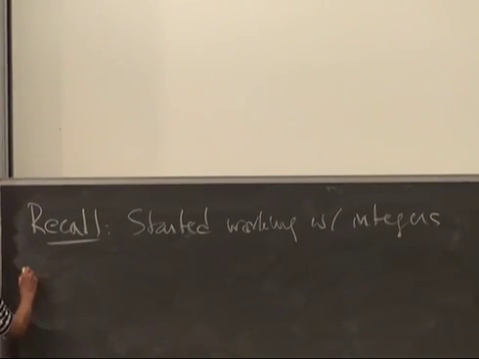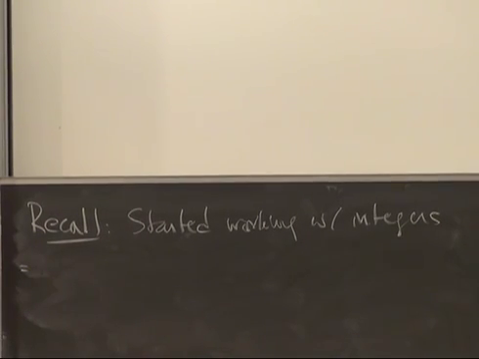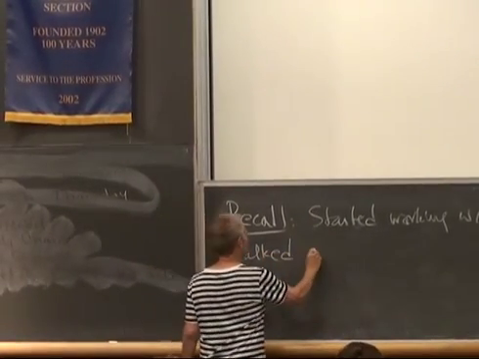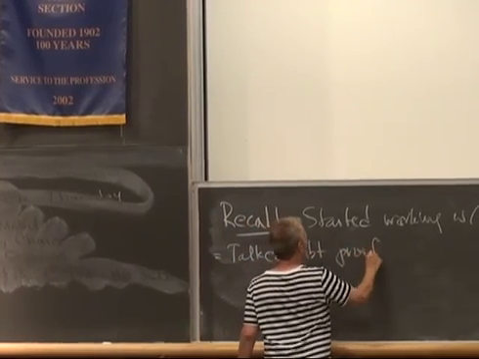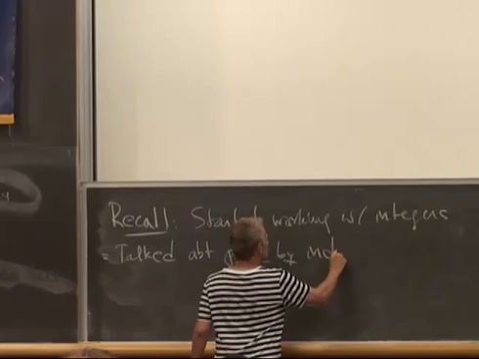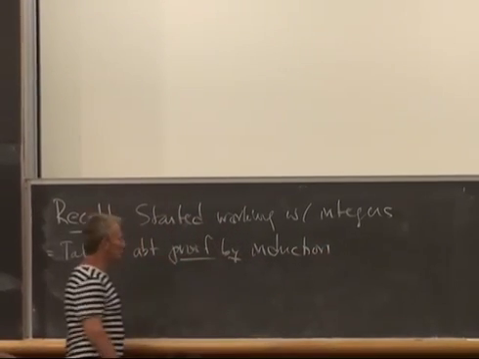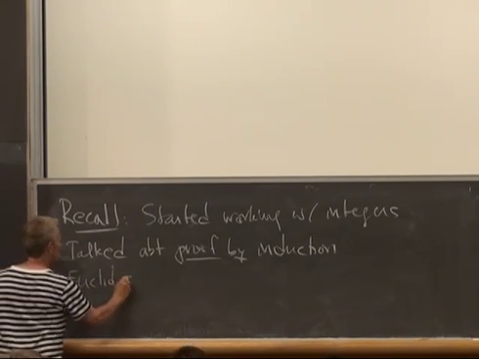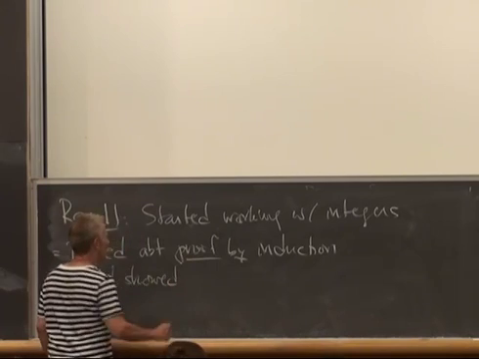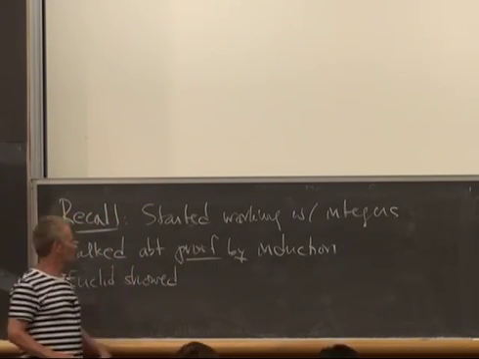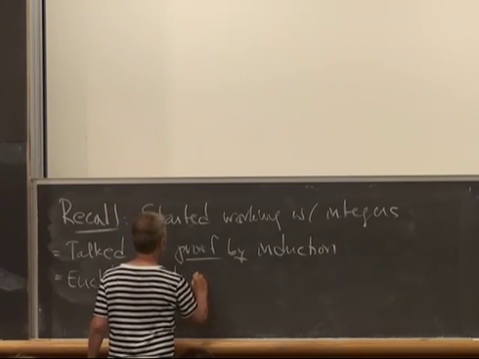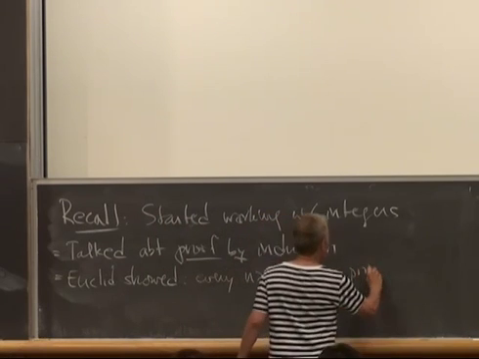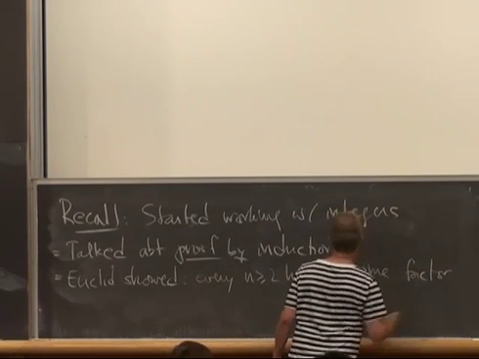Okay, so one of the things I tried to illustrate last time was this idea of proof by induction. We talked about that, and I'll do one or two more of those today. We noted that Euclid used induction to show that every n bigger than or equal to 2 has a prime factor, at least one of them.